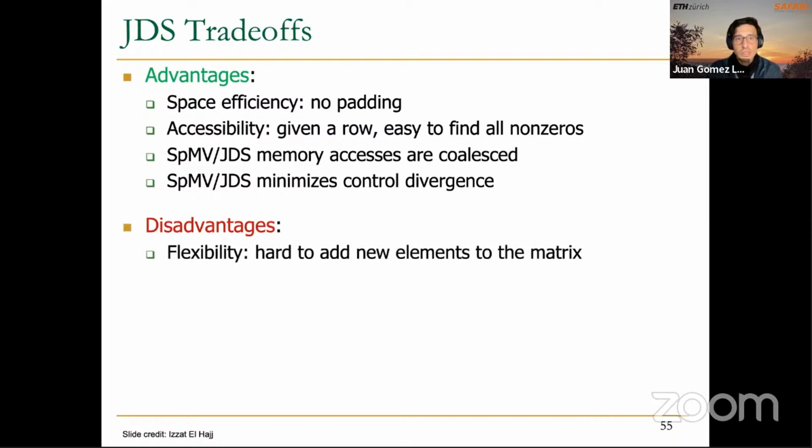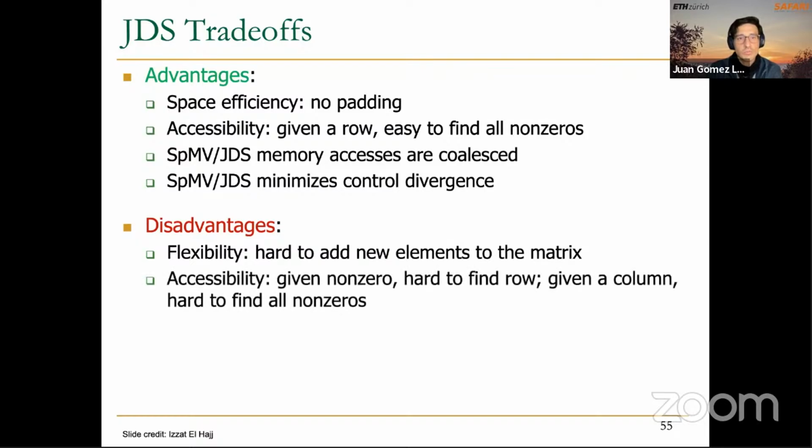In terms of flexibility, it's hard to add new elements to the matrix, for the same reason as the previous formats, like the CSR, for example. And in terms of accessibility, given a non-zero, it's hard to find the row, and given a column, it's hard to find all non-zeros.